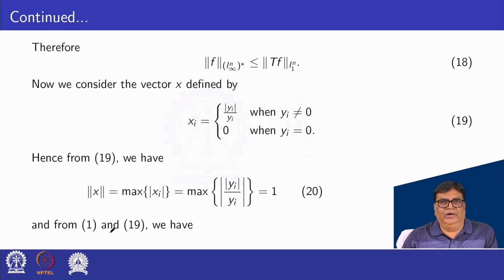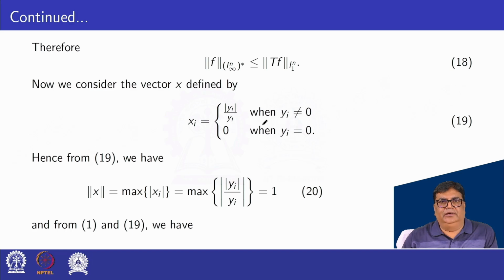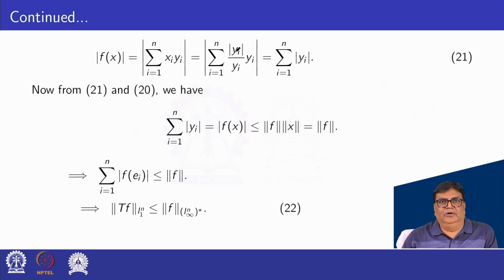And from 1 and 19, fx is equal to summation i is equal to 1 to n xi yi, that is mod fx is equal to mod of summation i is equal to 1 to n, putting the value of xi from equation 19, mod yi upon yi into yi. So yi cancel out. So we have summation i is equal to 1 to n mod yi.